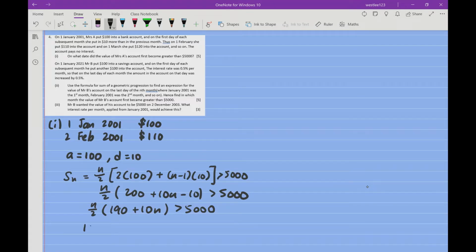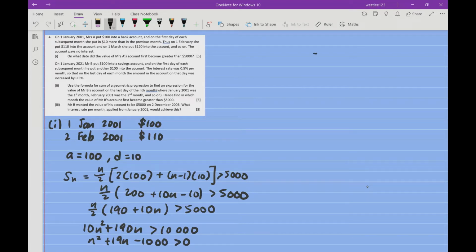So you have n (10n plus 190) more than 10,000. I brought the 2 over to the right hand side, and then I bring the n inside the bracket. Simplify: n squared plus 19n minus 1,000 more than 0.